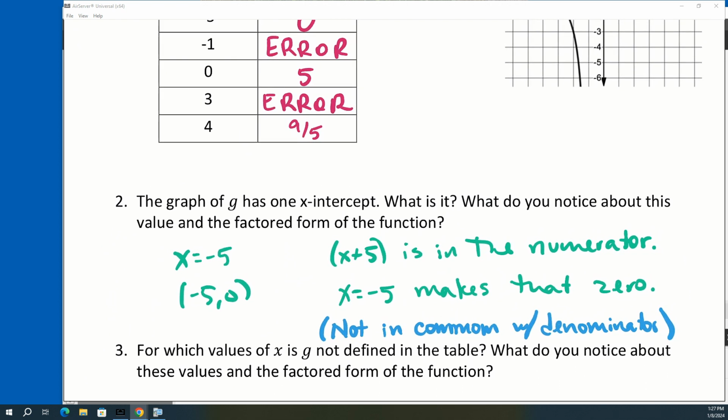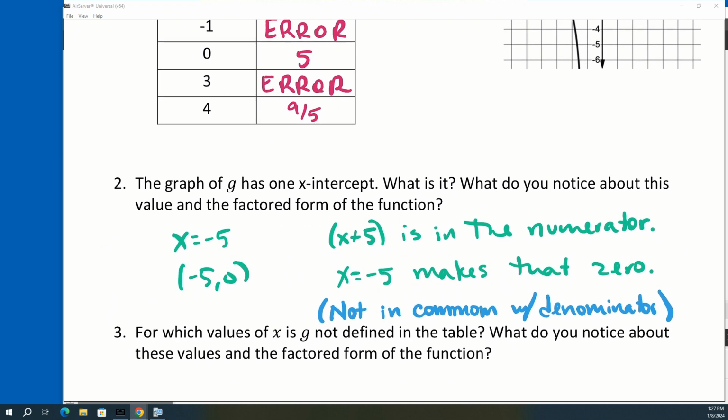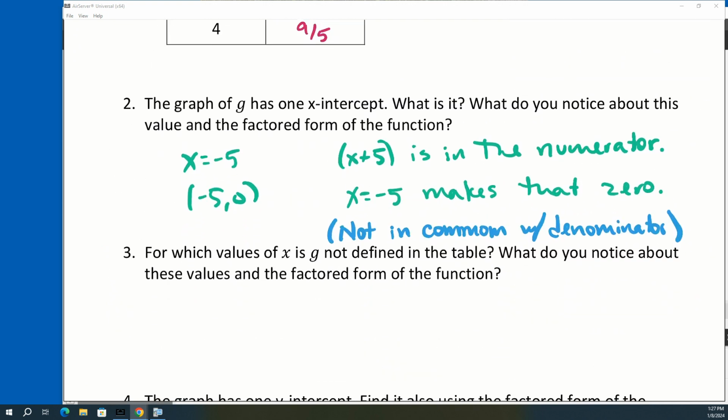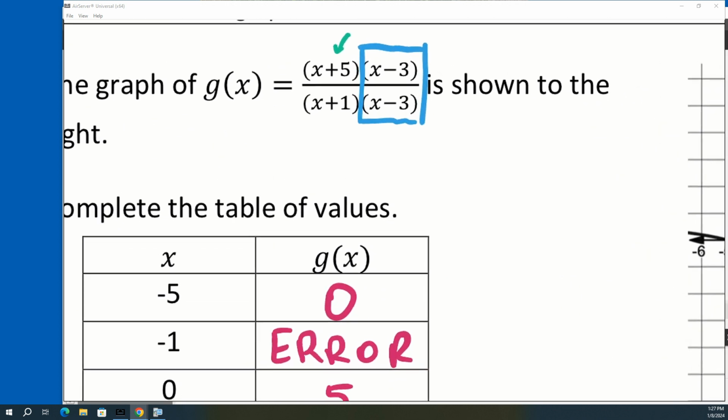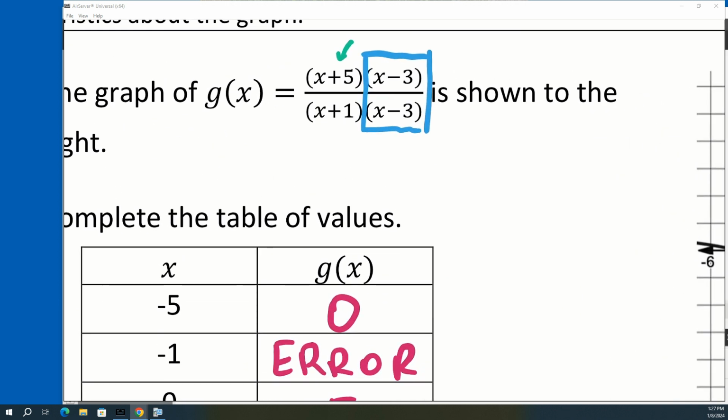All right, and then number 3, for what values of x is g not defined? -1 and 3. Good. And we're going to go back and look at our factors. Do you see a 1 and 3 in the factors? Yeah, the denominator factors.